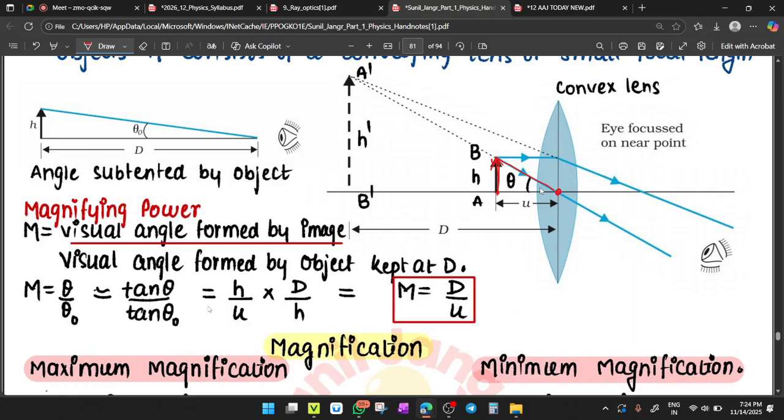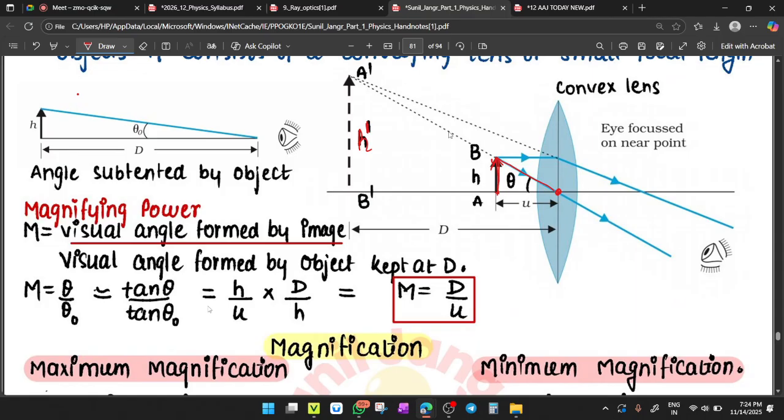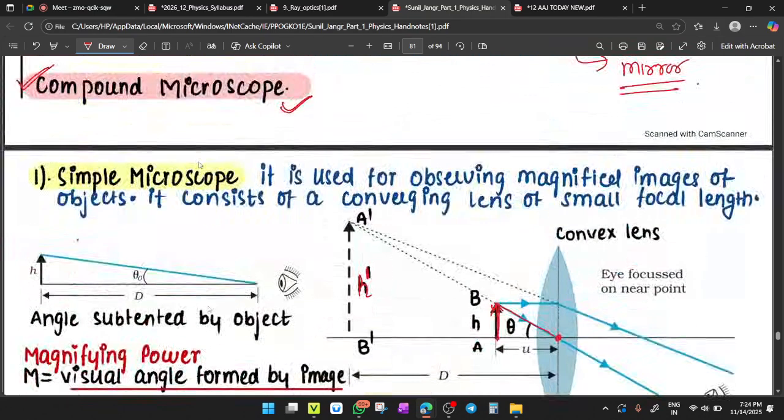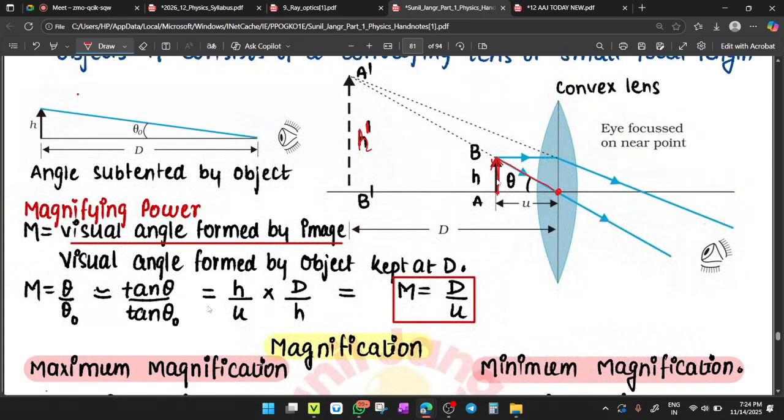So for a convex lens you will have an erect and virtual image that is equal to h dash. Clear or not? So it is used for observing magnified images of the object. It consists of a converging lens of a small focal length.